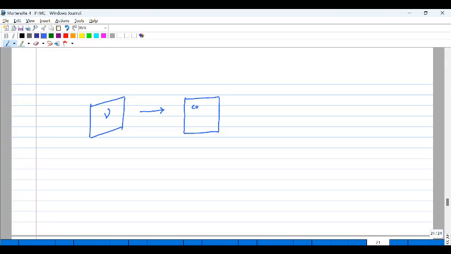So this is the correct or observed shape of martensite.